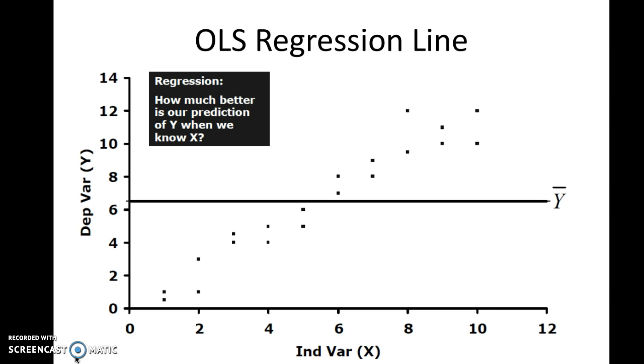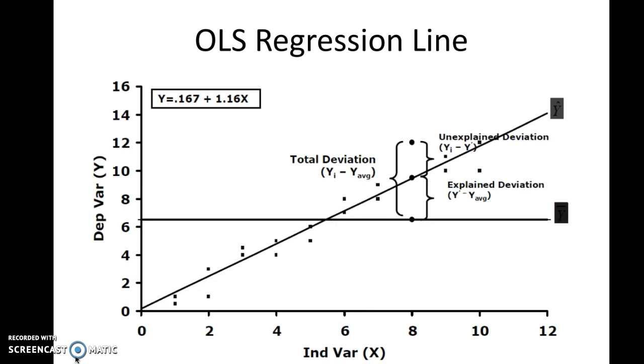In regression, we're trying to better that line. We're trying to say, there's got to be a better way than just the average to find out how this works. So when we actually graph a regression, we're taking a piece of information about you. Well, what if I knew how many employees they had? Maybe that could be more information that would give me a better prediction on how much their budget is. So not only do I know the average of Y, but I also know some other piece of information, how many employees you have.